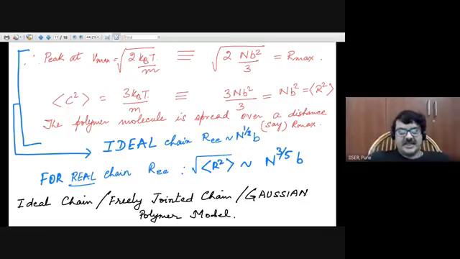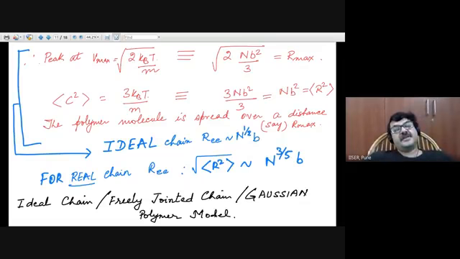So you see again a use of the Maxwell-Boltzmann distribution. Before I end this lecture, let me emphasize that this was carried out for an ideal chain, with no excluded volume interactions. In the ideal chain, the end-to-end distance came out to be n to the power half b, and we also calculated the distribution.